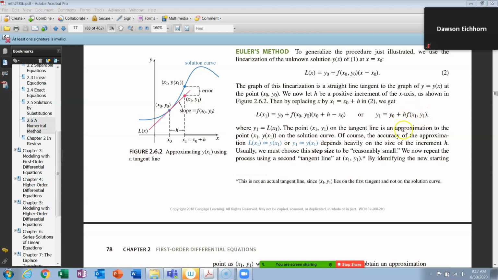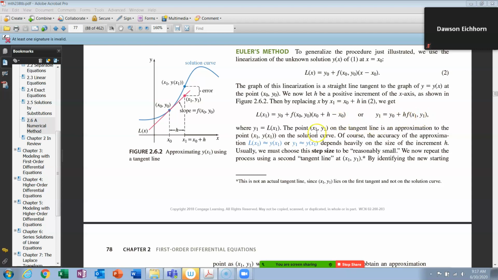I think they've got the numbering off just a little bit here. In fact, they do. This should be reading x0, y0, okay? Because you see, that's f of x0, y0 times h. Okay, so they misprinted this. That should be x0, y0.